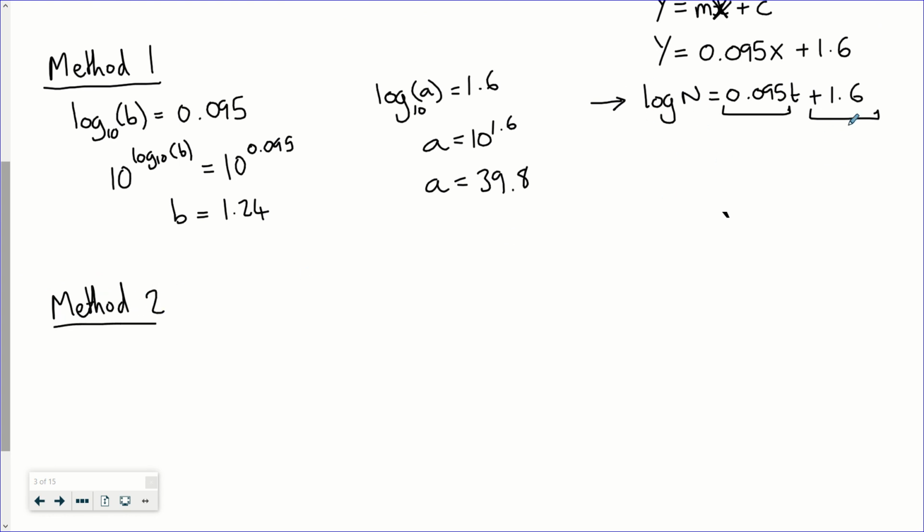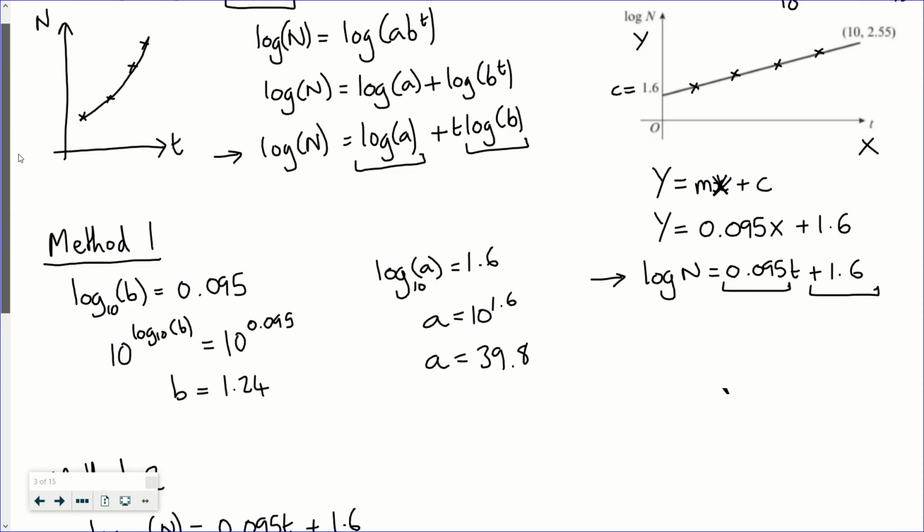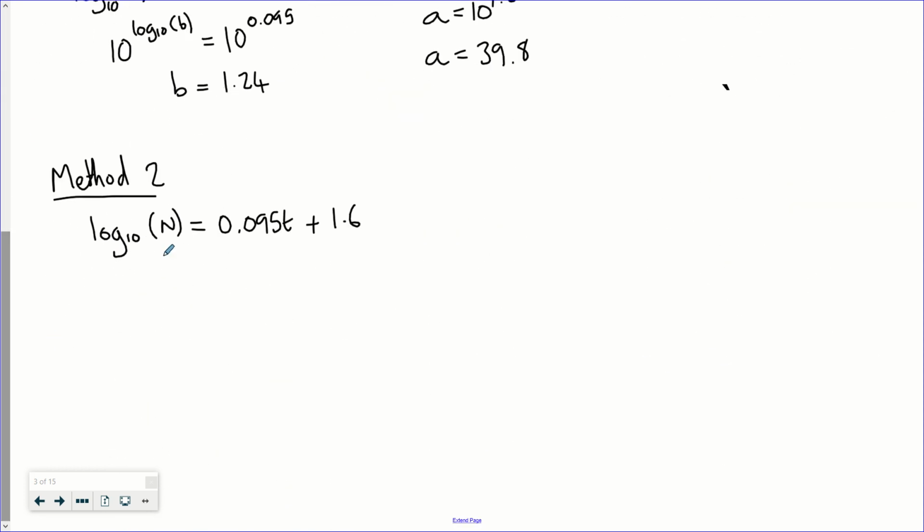Method 2 just uses the equation that we got from the graph. So remember, we're doing log base 10, so we've got log base 10 of n equals 0.095t plus 1.6. Now we want an equation where n is the subject, because that's what we're looking for. So let's undo this log base 10 by doing 10 to the power of both sides.